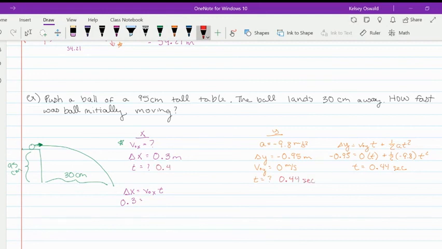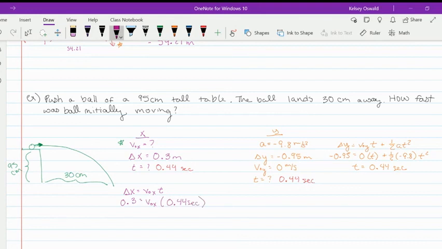So we want to see, if it was able to travel 0.3 meters in 0.44 seconds, how fast was that ball moving horizontally? So looking back at our range equation, we have our 0.3, our horizontal displacement, equal to that horizontal velocity, which we're trying to find, times how long the ball is in the air, that 0.44.